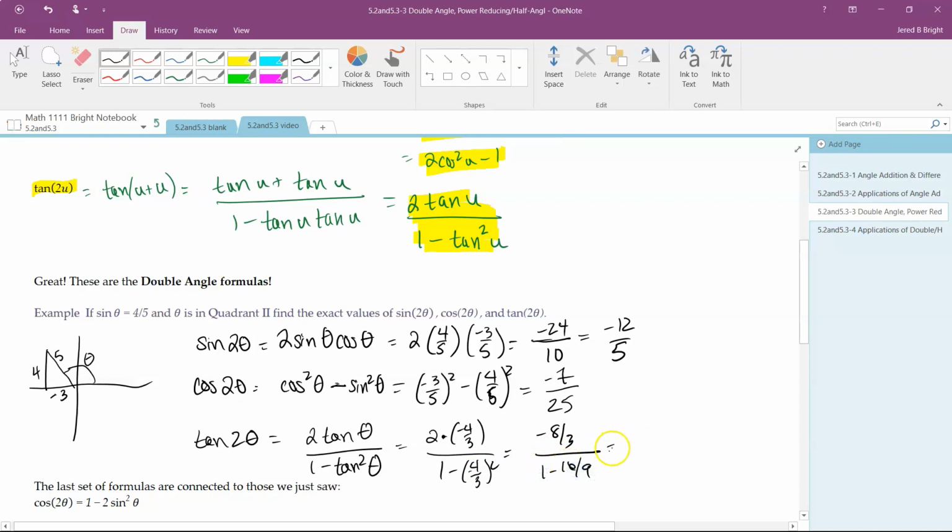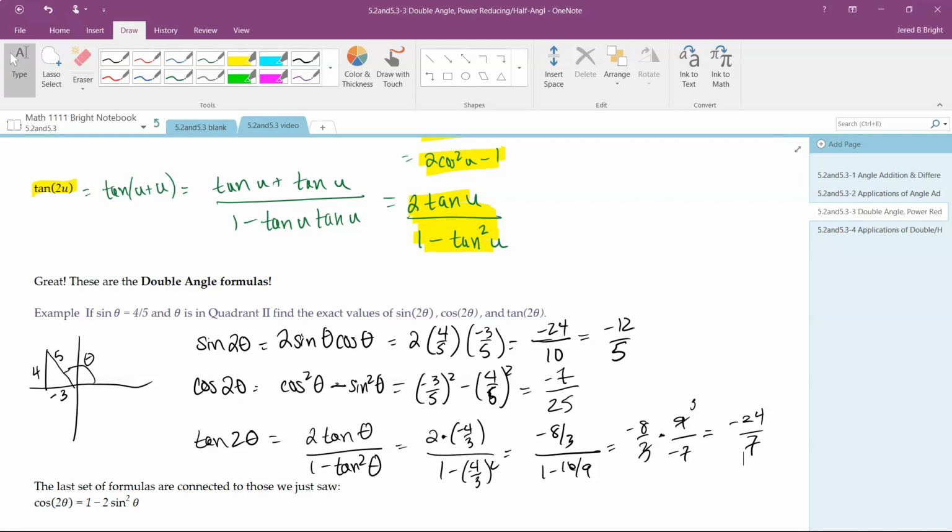And so this is -8/3, and then in the denominator I'll have -7/9, which then I have to multiply by the reciprocal, so 9 over -7. So then this is a hot mess, well, actually it's not too bad. That 3 will cancel, so I get -24/7. Okay, so modulo algebra and arithmetic, these are the answers.